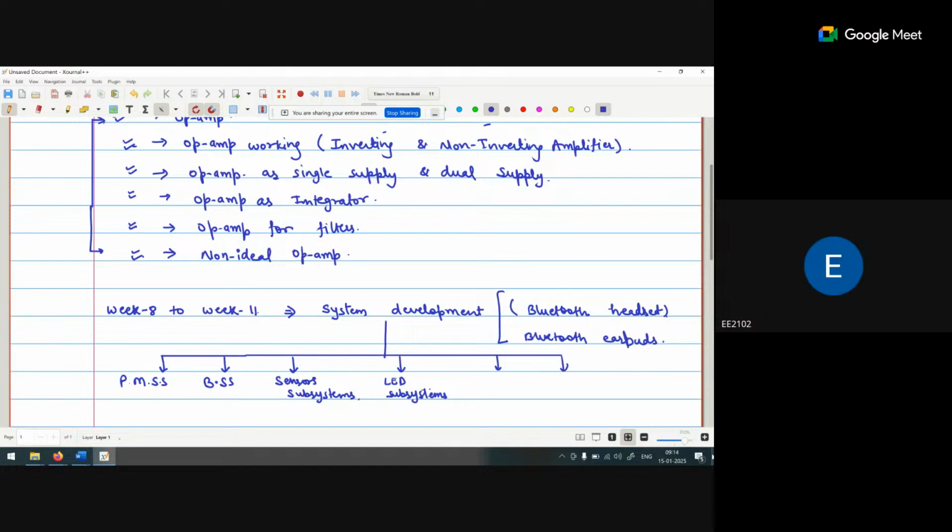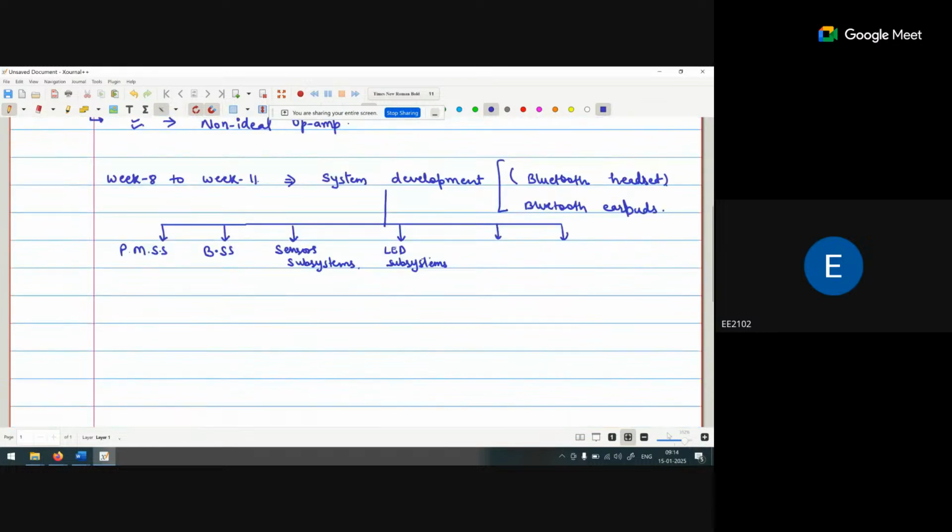So week 8 starts with these subsystems. Now the main important subsystem is the power management unit, or power management subsystem.